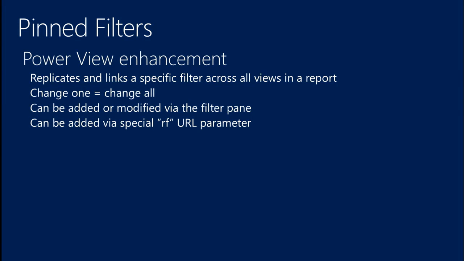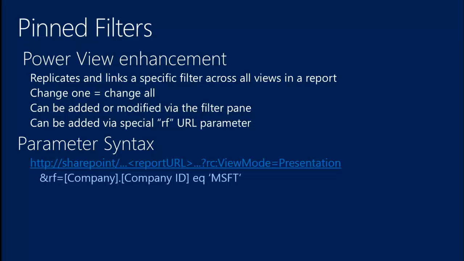It can be added or modified via the filter pane, and can be added via a special URL parameter, report filter. So the syntax is SharePoint, view mode presentation, and RF is dimension dot attribute name equals MSFT. Right now, only equals is supported, not anything else. That is only equals, not greater than, smaller than, or larger than.